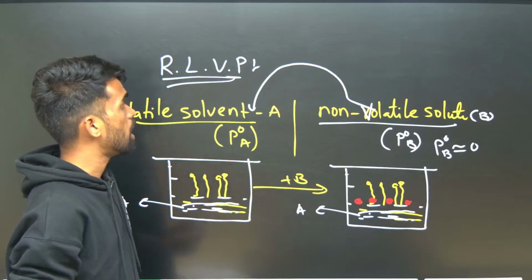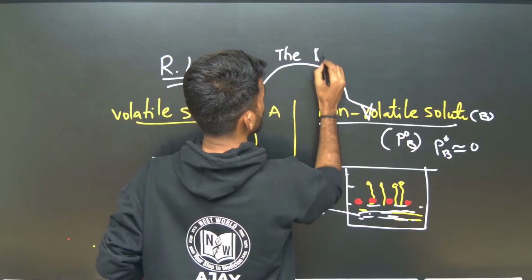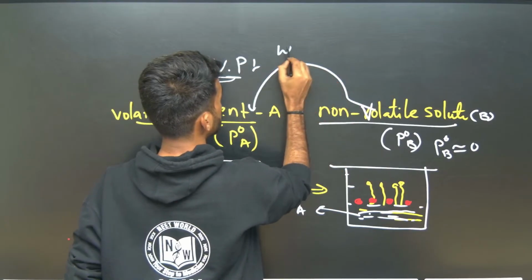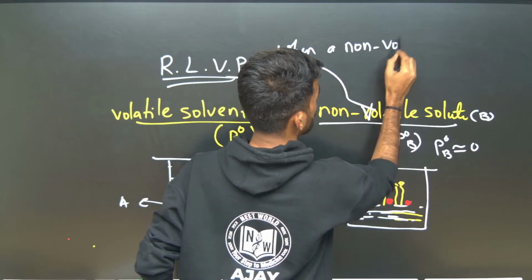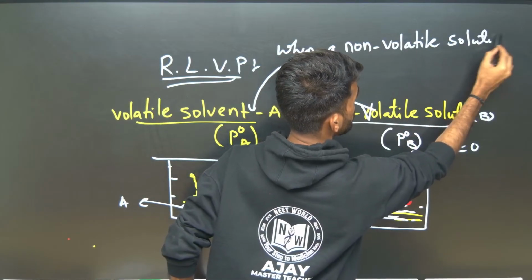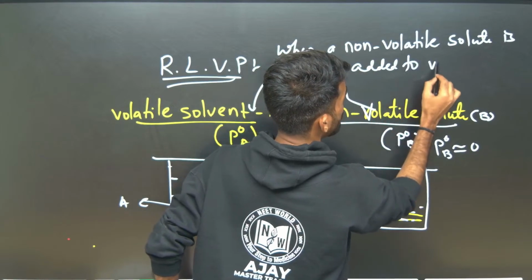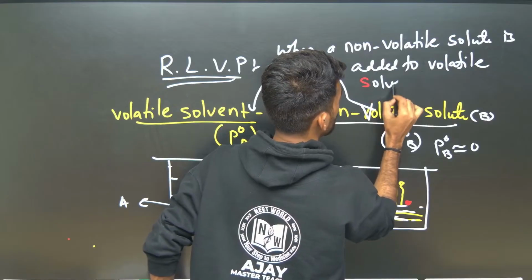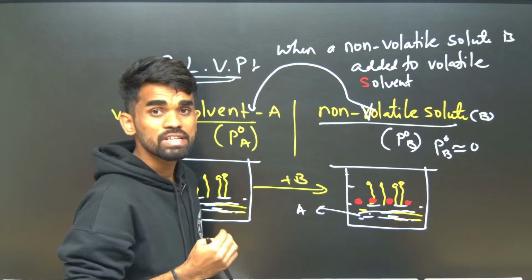So what RLVP says, look here: when a non-volatile solute is added to a volatile solvent, its vapor pressure decreases. Which vapor pressure decreases?